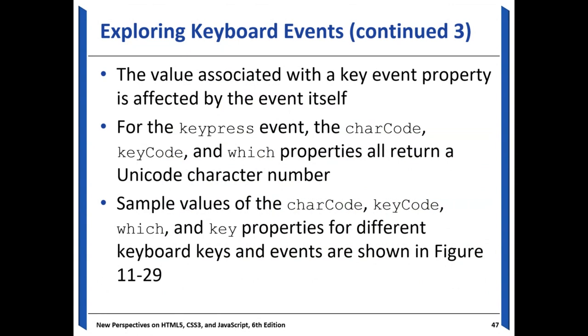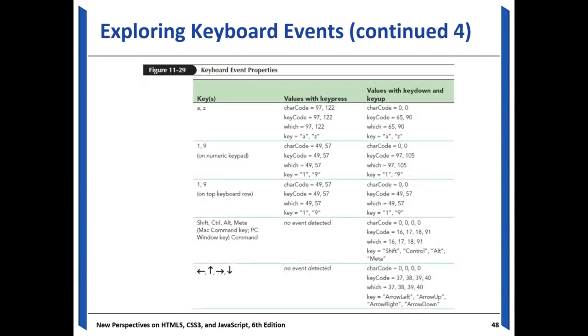Now the values associated with the key event property are affected by the event itself. All right, so for the keypress event, the charCode, keyCode, and which properties are all returned for a Unicode character number. We're going to look at some samples of these in the next slide on figure 11-29.